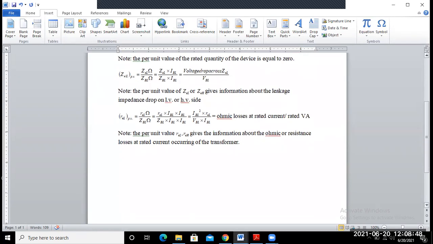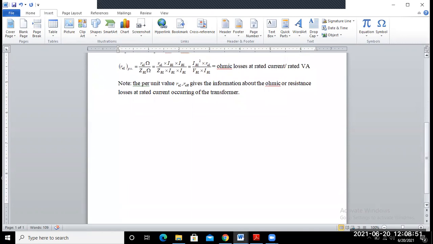Suppose that we already derived the value of impedance in per unit, okay. So impedance in per unit, if the base value changes, then how can we find out the new per unit value, okay. For a particular base value you already have the Z per unit value, MVA rating and kilovolt rating. So if we change the base value, then how can we find out the new per unit value of the impedance, okay.